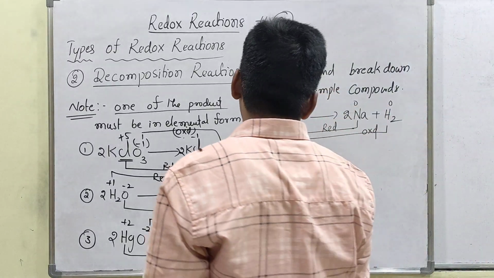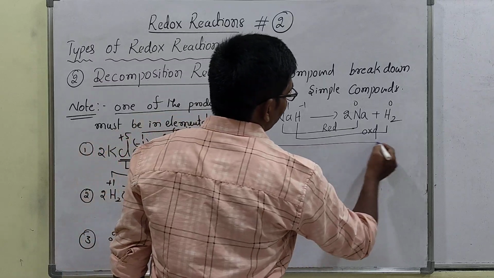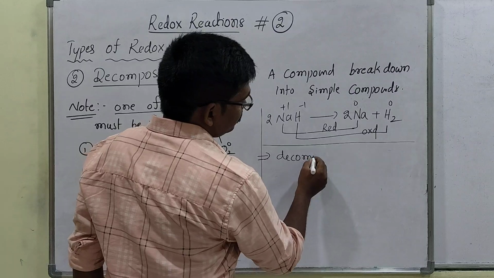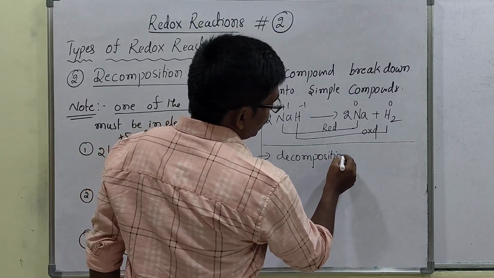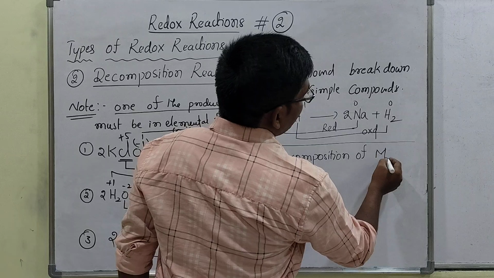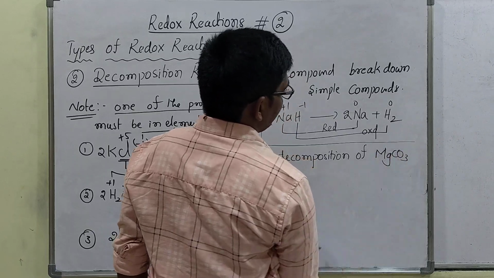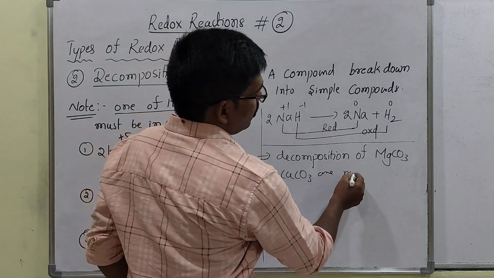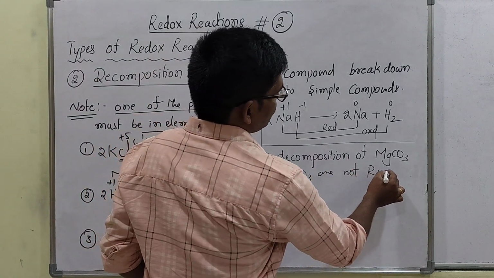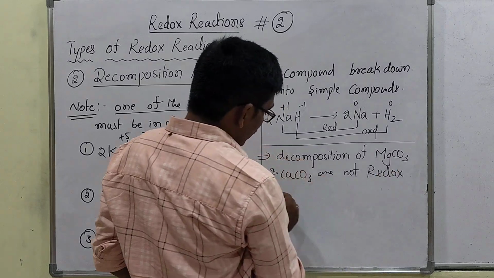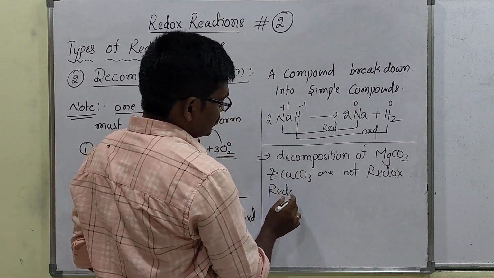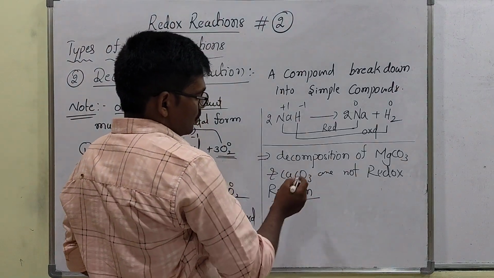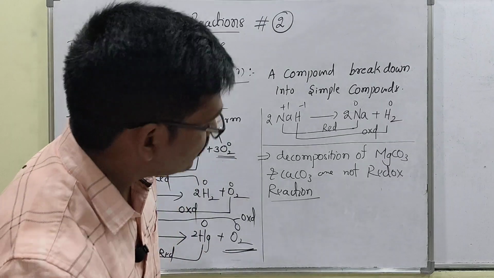So remember, my dear students, there are some decomposition reactions that are not redox reactions: the decomposition of MgCO3 and CaCO3. They decompose, but they are not redox reactions. So what are those?